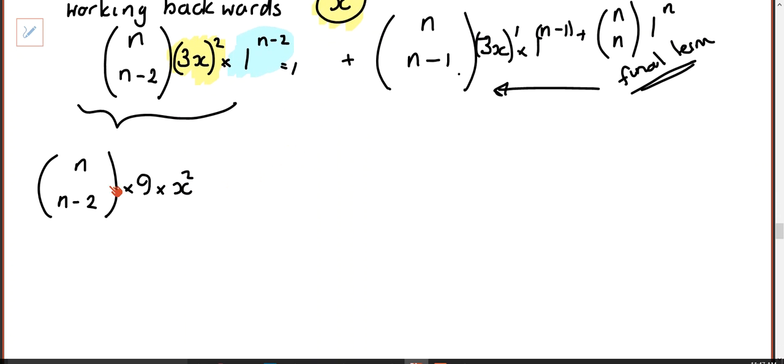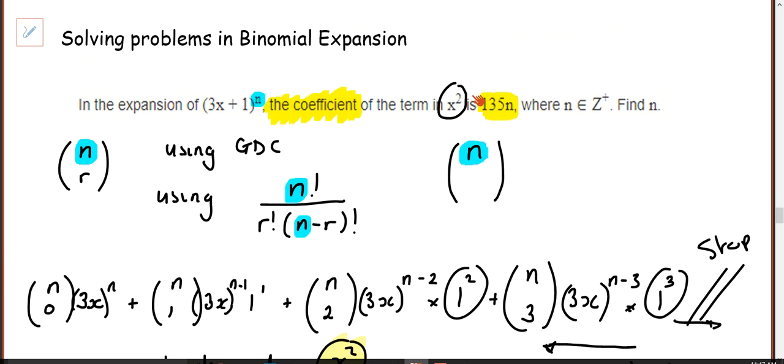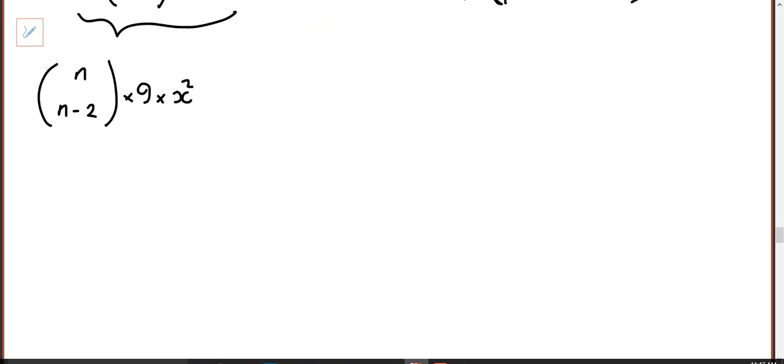Okay. So we've got this at the moment. Now I am told at the beginning of my question that the coefficient of the term x squared is 135n. So this is where I can put this in. Now, this is my term. Are you happy with that? What's the coefficient at the moment? Not just 9, but 135, all of this.